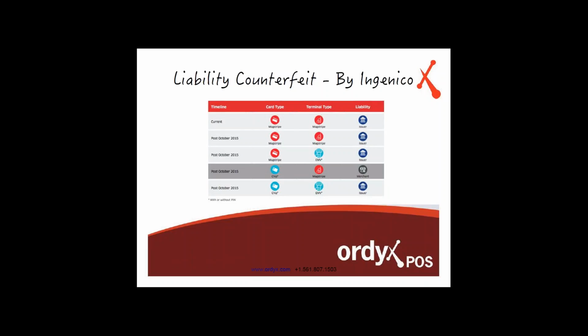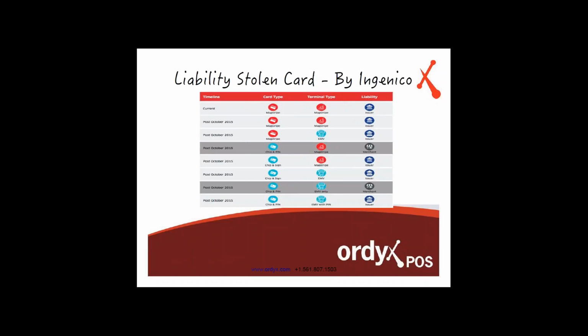I'm going to go over to the next chart, which is going to talk about stolen card liability. It's a little bit extra scenarios, but the same idea holds, and you'll see it right now. For example, currently, if you have a stolen card that was swiped with a magnetic stripe only card through a magnetic stripe terminal, it's the issuer's liability.